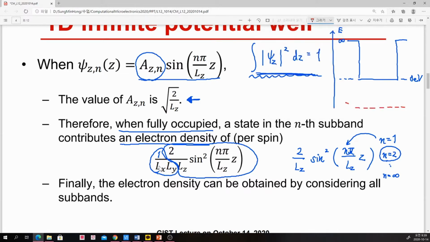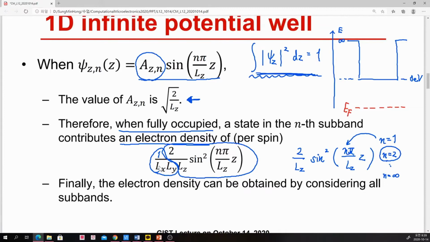Say this is EF. Then what will happen? In this case, you can easily understand the observed electron density will be quite small. Why? Because our Fermi-Dirac distribution will be very small. But anyhow, when we draw it, we can find that this is only dominated by what? Dominated by n equal to 1, the ground state.